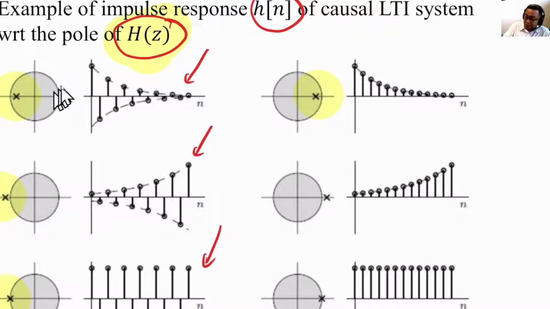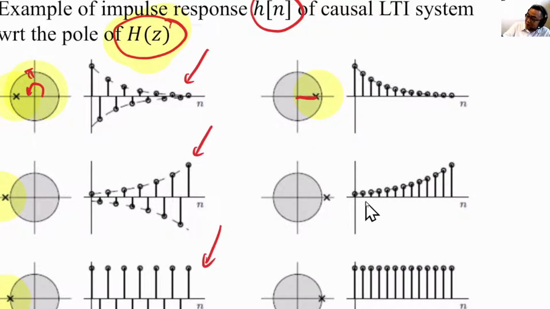And hence, this is actually having an omega of pi. That means at every sample, it will generate a pi phase shift. That's why this is alternating at every sample. While here, the angle is 0. It's not alternating. It's just decaying because it is not on the unit circle.